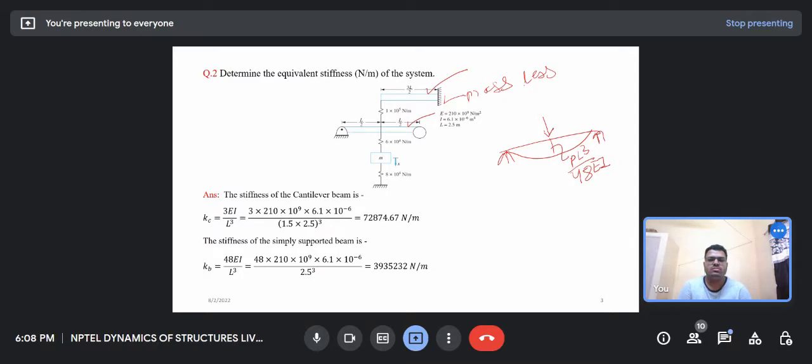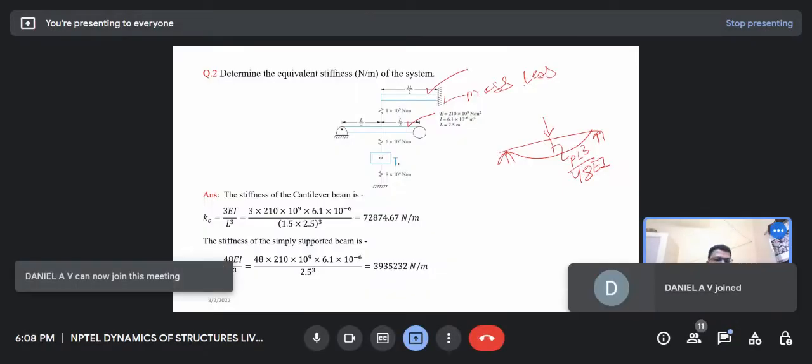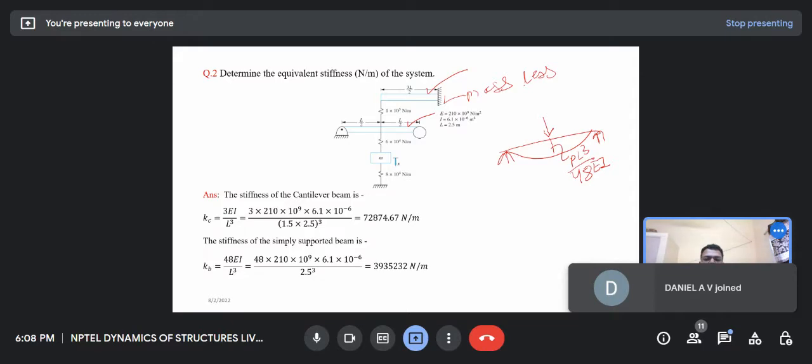Is there any doubt up to this point? Okay, now we can consider it as a system of stiffness springs, where we can consider the beam as a spring also. I will show you a free body diagram in which you can check how these springs are combined.